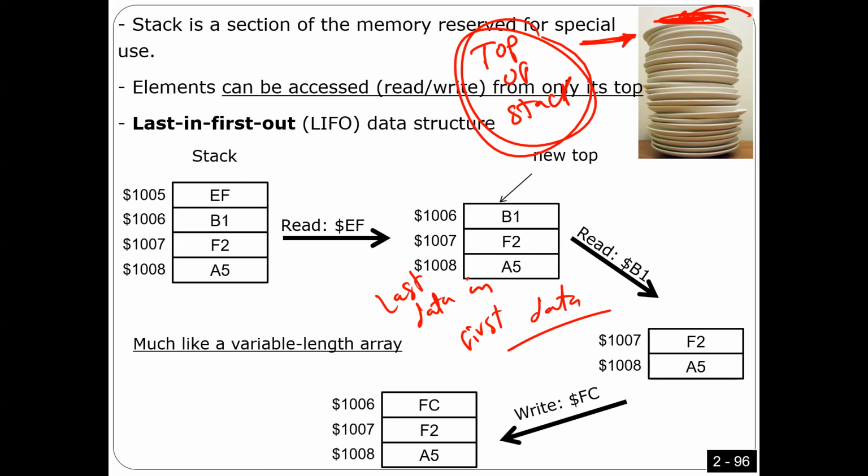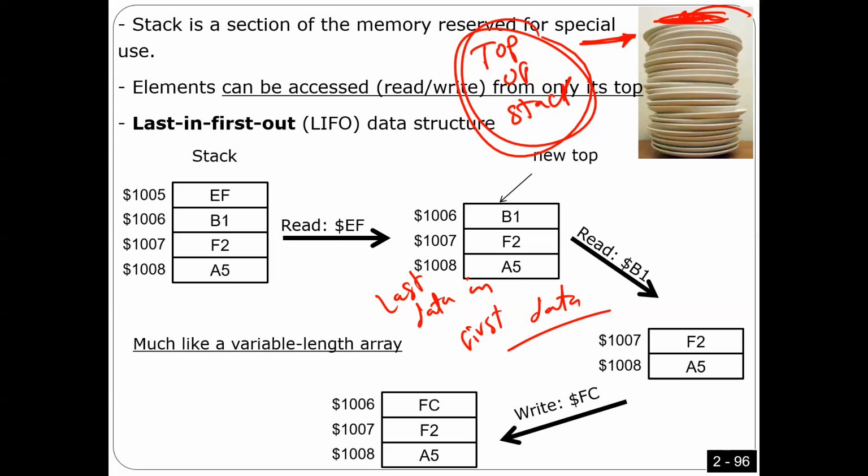Imagine every box here is like one byte in the stack. So I should know what the top of the stack is, because if I want to write, I have to write on the top, right? So if this is my stack, I want to write this byte.